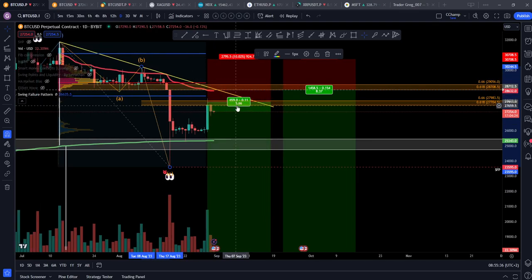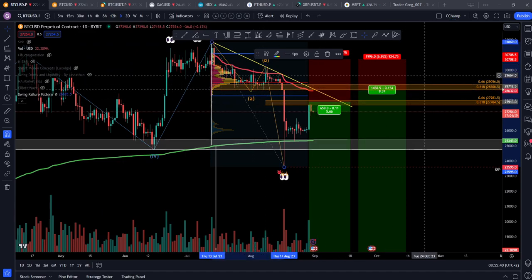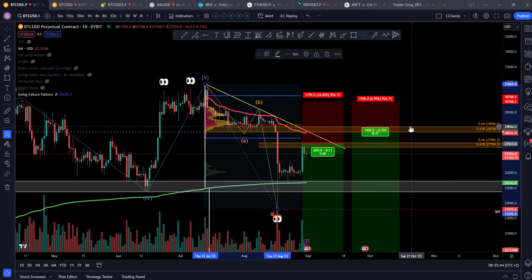And maybe if we push a bit higher, then we go to this 0.618 retracement, which is from the high of the 13th of July till the last low. So that's around, yeah, call it 29K. So there I will also look to short some more.